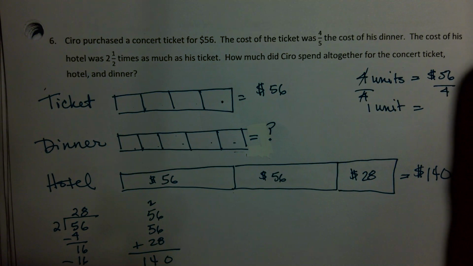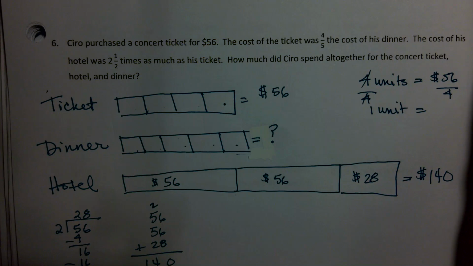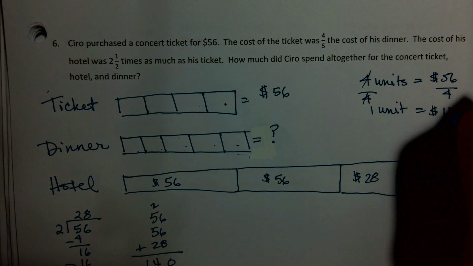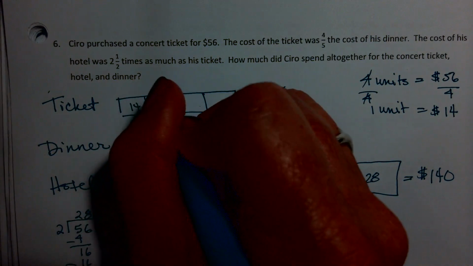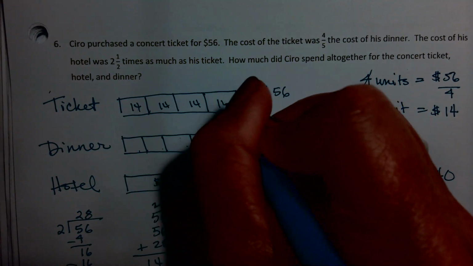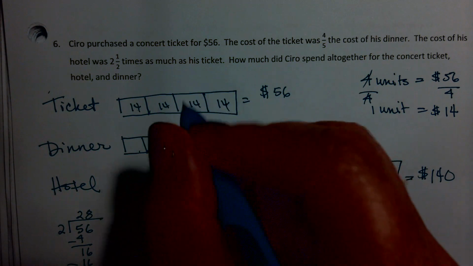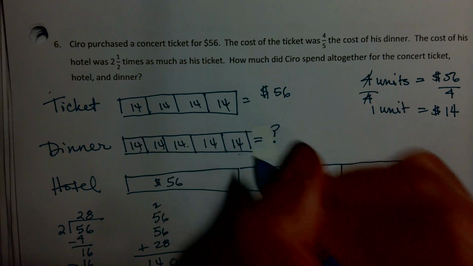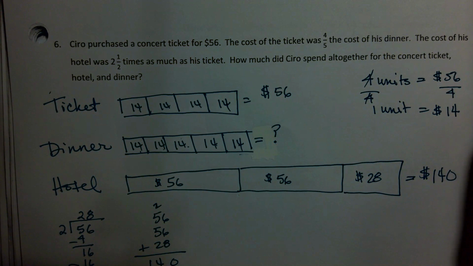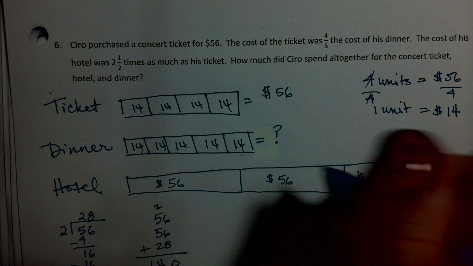So 4 into 56 is $14. That's how we solve the problem here. This is 14, this is 14, this is 14, this is 14. Then this is 14, 14, 14. It's all 14. All right, so what's 14 times 5? That's $70.